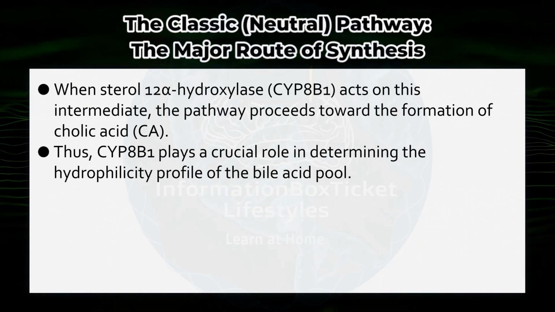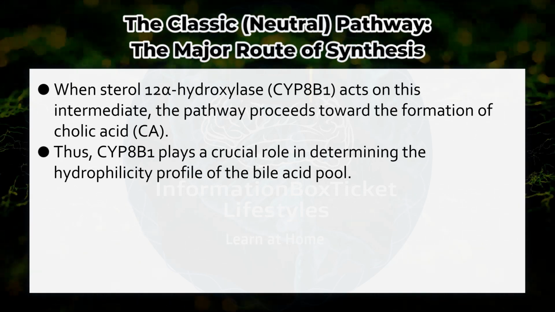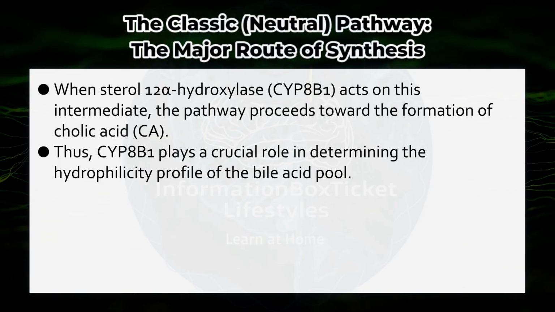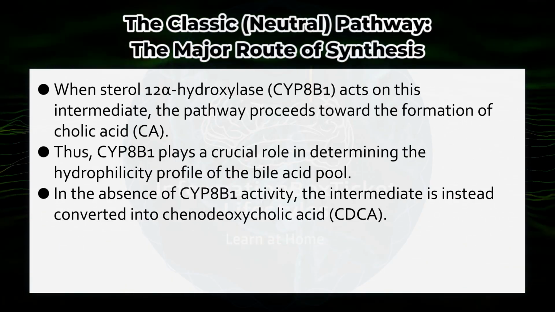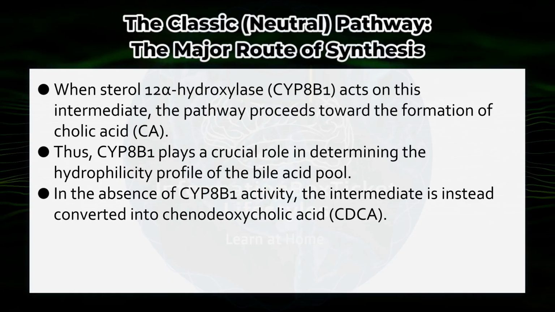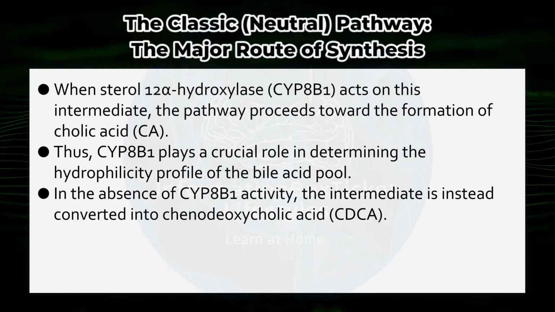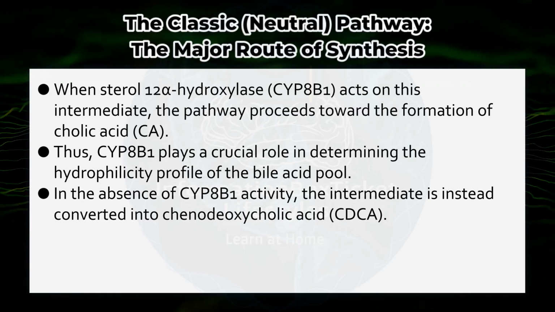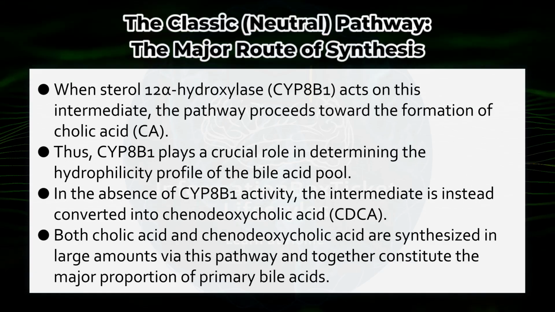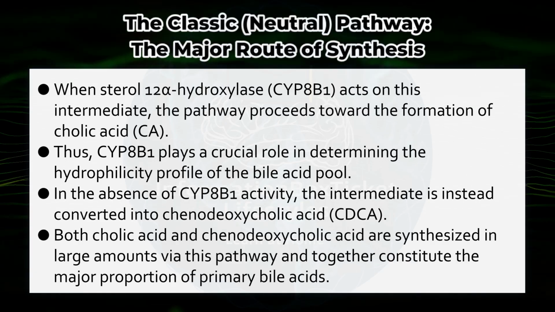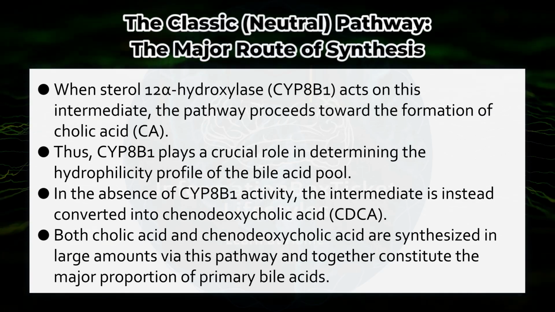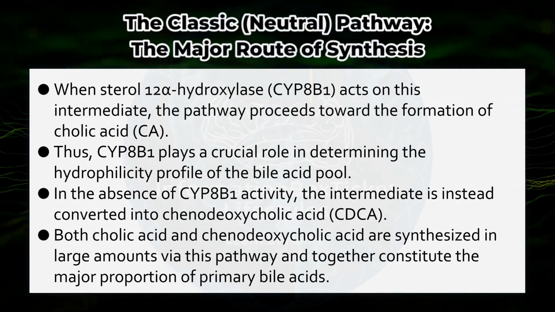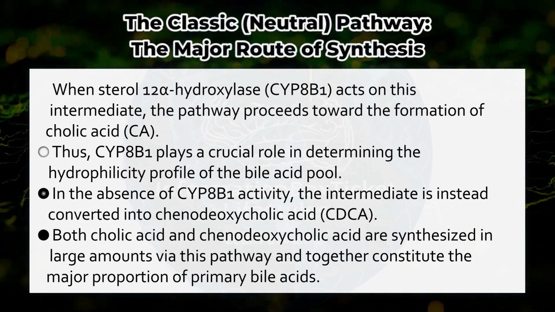Thus, CYP8B1 plays a crucial role in determining the hydrophilicity profile of the bile acid pool. In the absence of CYP8B1 activity, the intermediate is instead converted into chenodeoxycholic acid, CDCA. Both cholic acid and chenodeoxycholic acid are synthesized in large amounts via this pathway, and together constitute the major proportion of primary bile acids.